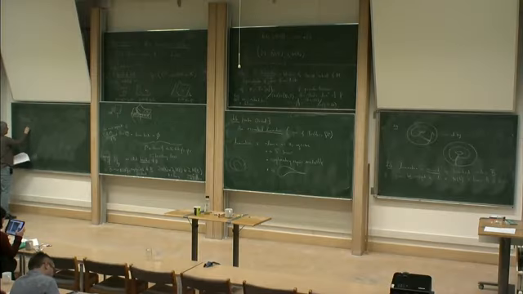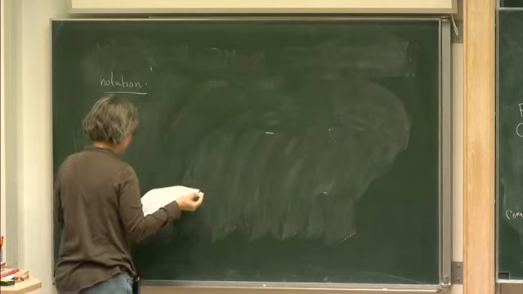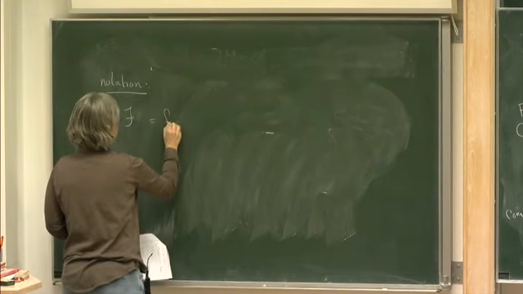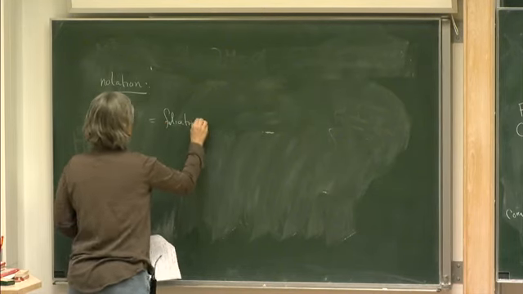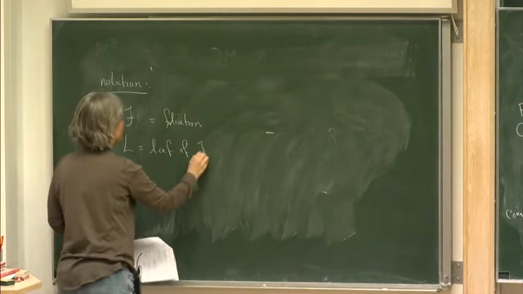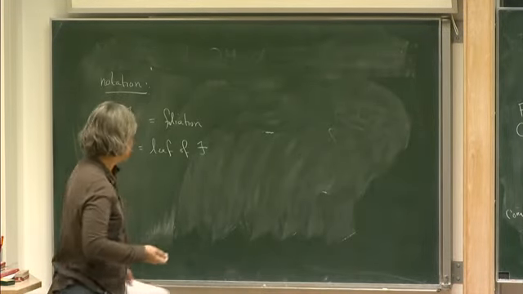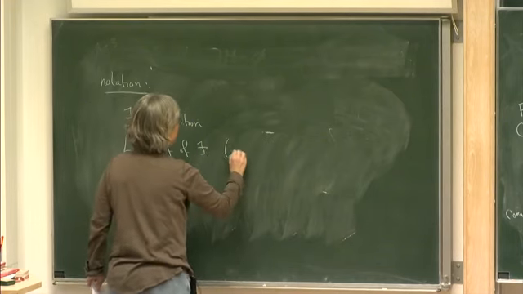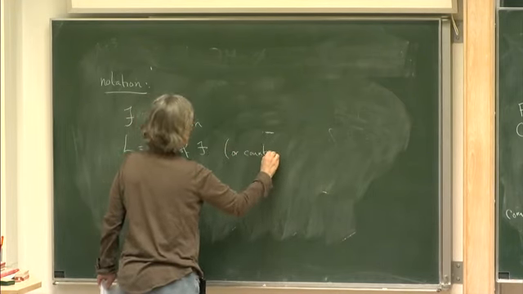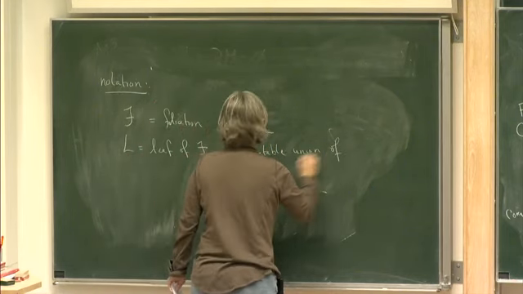So I can give you some foliation F, and I can think about L as being a leaf of F, or more generally, I can think about it as being a countable union of leaves of F.